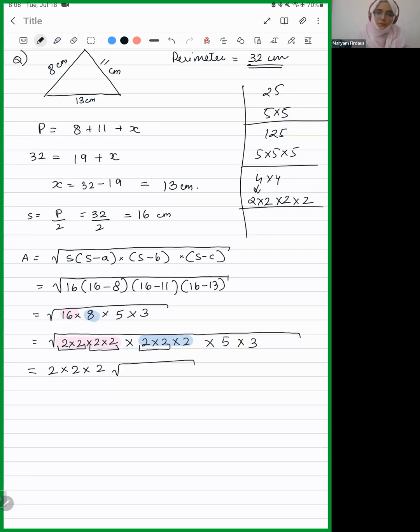And what's 2 into 5 into 3? 2 5s are 10, 10 3s are 30. So that is 2 into 5 into 3, which is 30. So 2 2s are 2 into 2, which is 4, and 2 into 4 is 8. So 8 root 30 centimeters squared. Always remember to write the correct units. Okay, so this is the answer. This is going to be the area of our triangle.